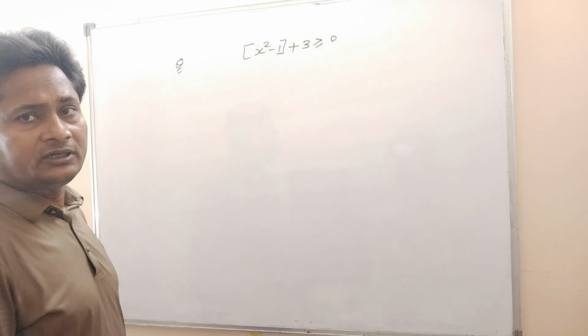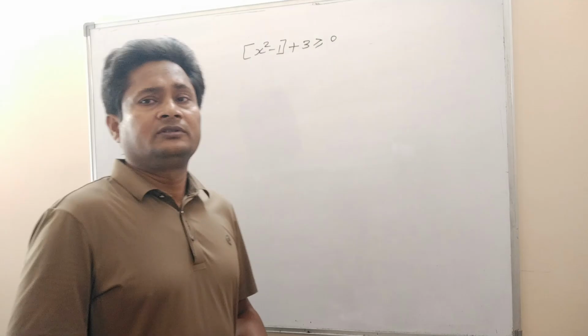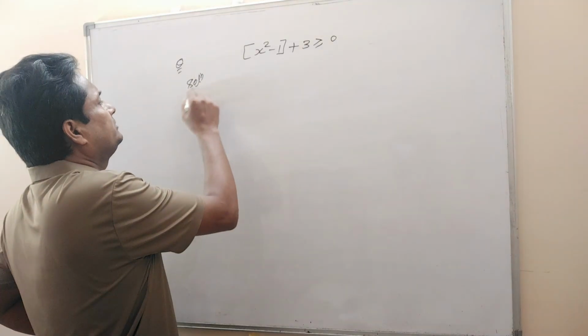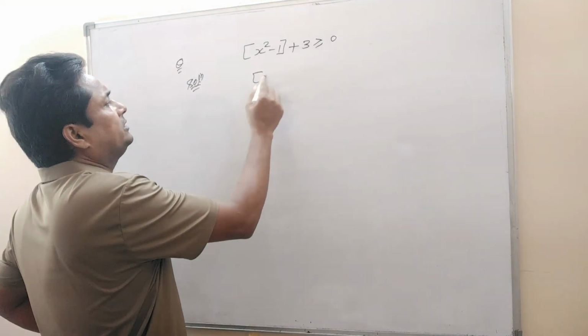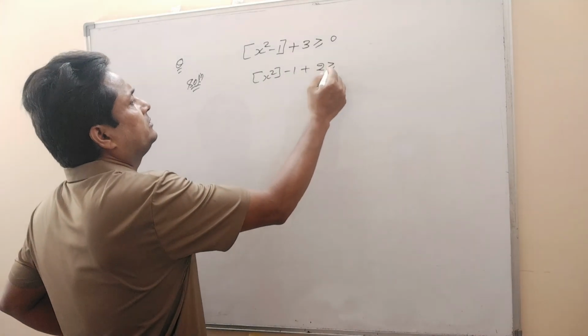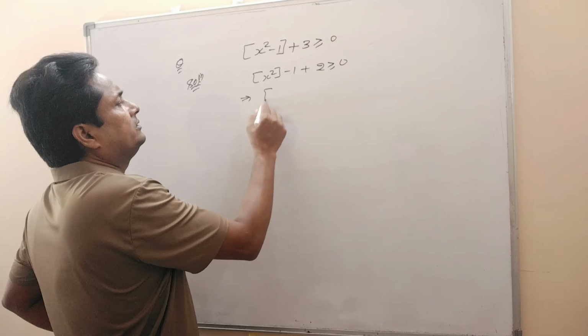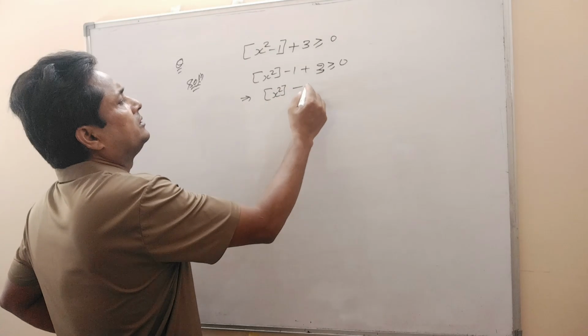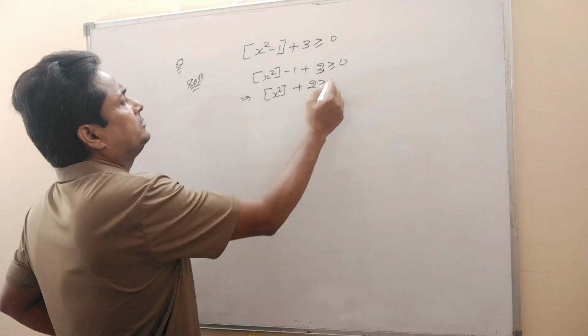Then what will be your answer in this case? So this can be written as greatest integer of x square minus 1 plus 2 greater than or equal to 0, and this is x square plus 2 greater than or equal to 0.